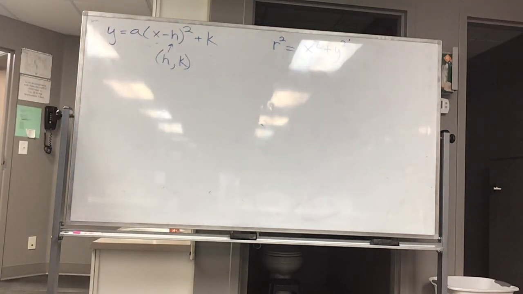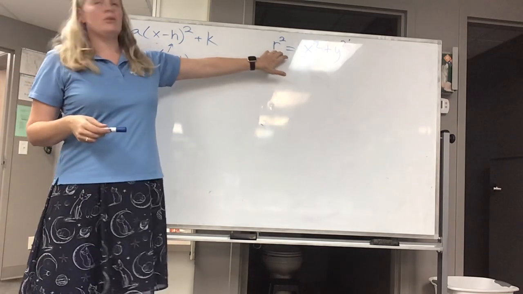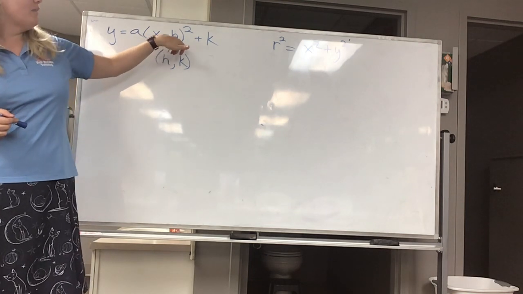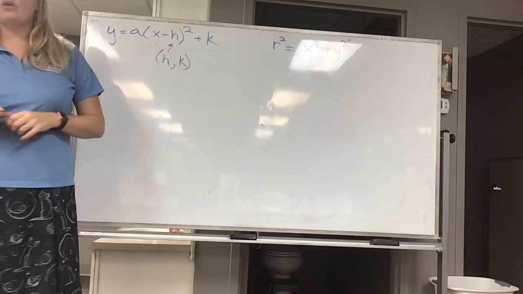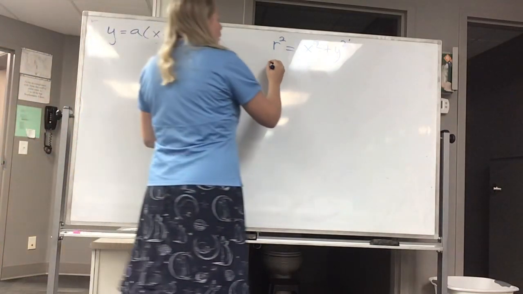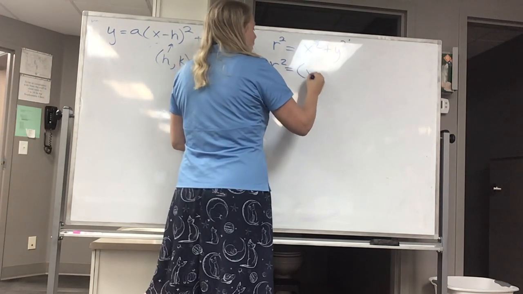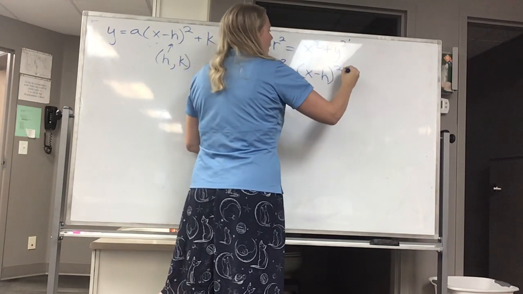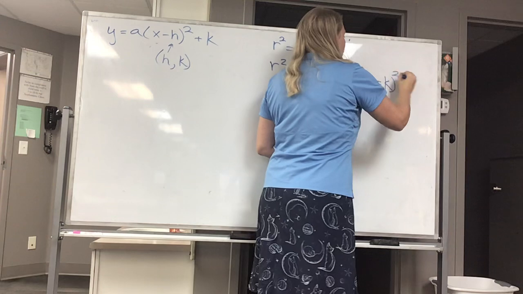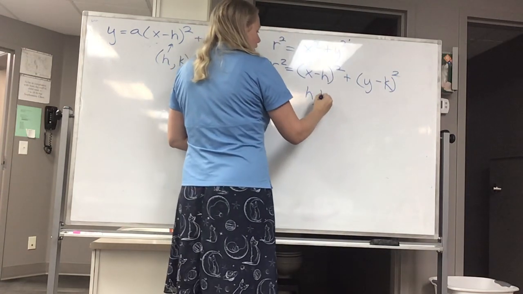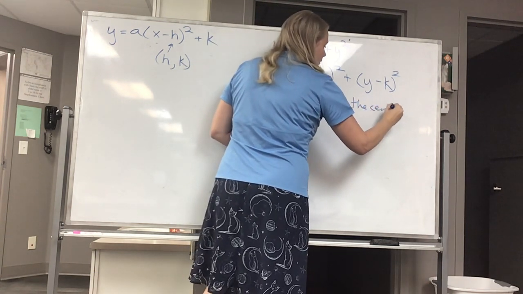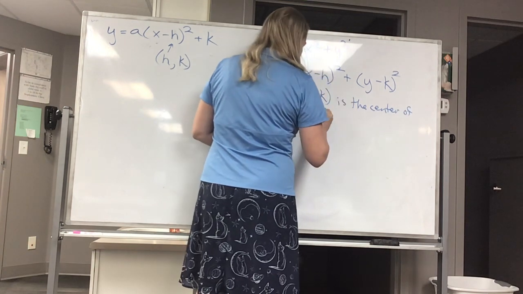And so the radius of your circle is going to be the square root of whatever number's all by its lonesome. And just like x minus h told us where the vertex in a parabola was, in a circle, our radius squared is going to equal (x minus h) squared plus (y minus k) squared, where (h, k) is the center of the circle.